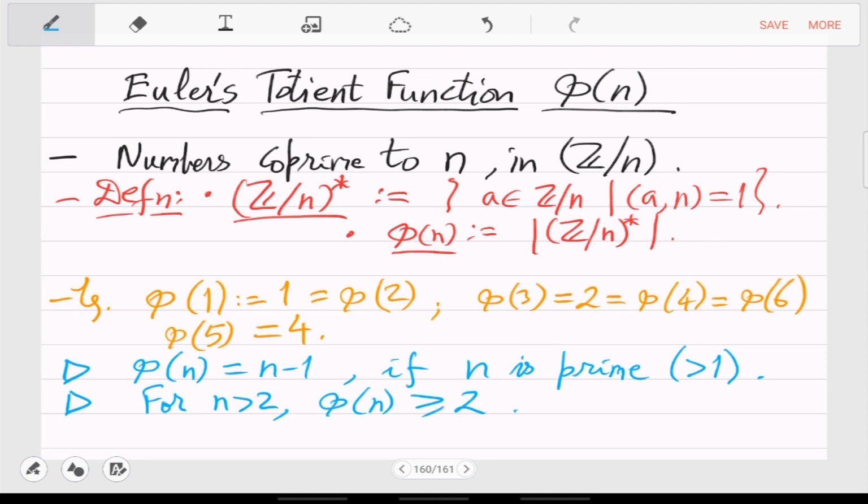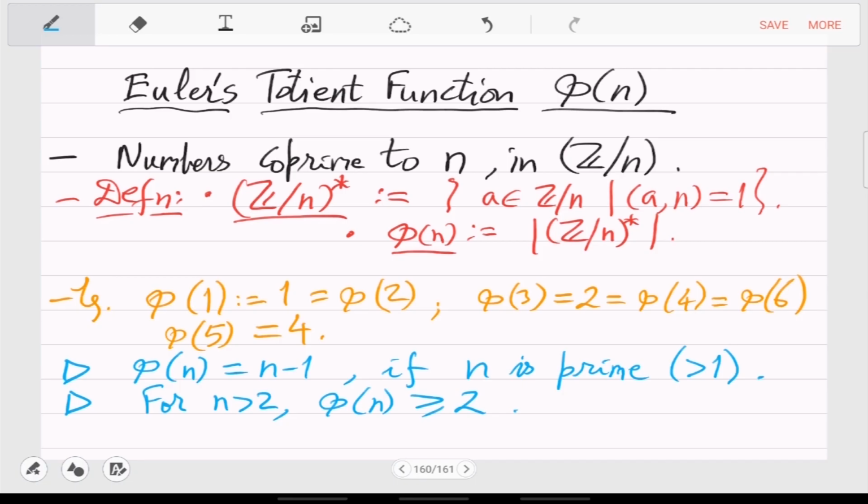So hence there are always at least 2 co-prime elements, so phi of n is at least 2. But as you can see, phi of n is neither increasing nor decreasing, right? It fluctuates, it depends on n in a complicated way, and we'll completely analyze that. We'll give a closed form expression for phi of n in this class.